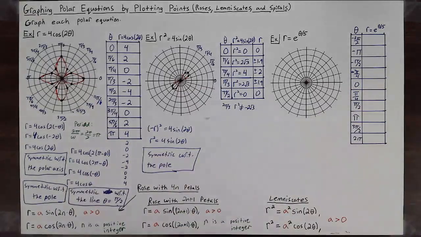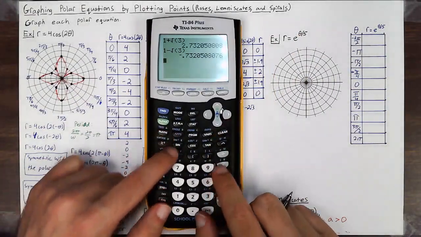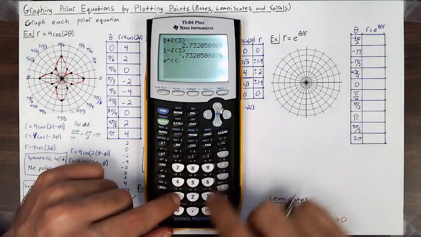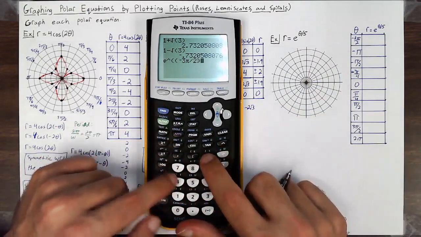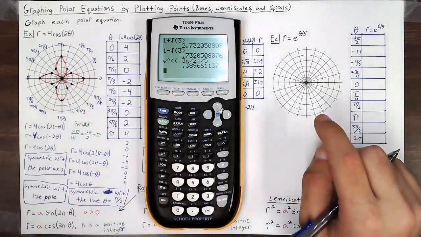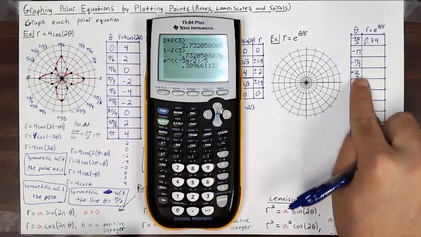And we'll just plug all of these into the function. So meaning we'll use e to the negative 3 pi over 2 divided by 5. And that'll give us 0.39. And we'll continue to do this for all of these values.